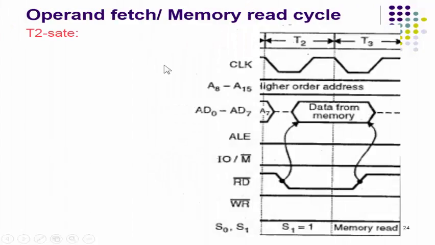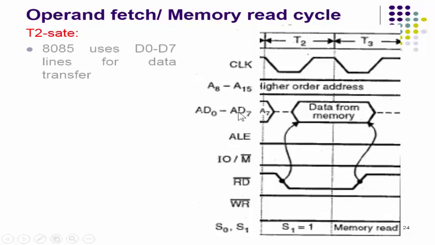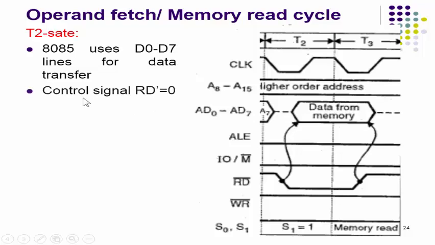Okay, so in memory read, the address is given by the instruction, so it may be from a register pair or stack pointer, or in the operand field you will find the 16-bit address.